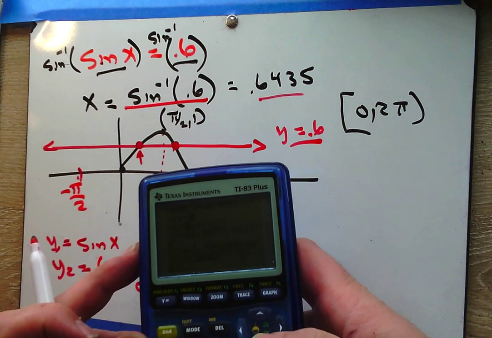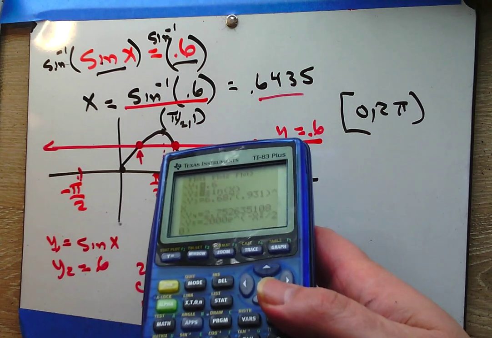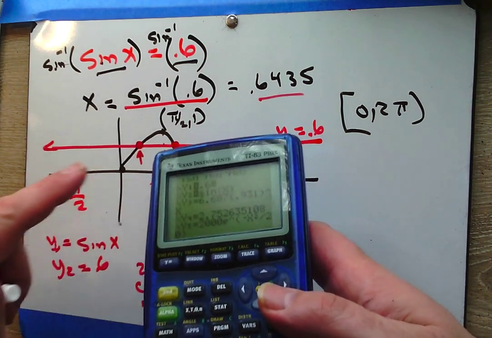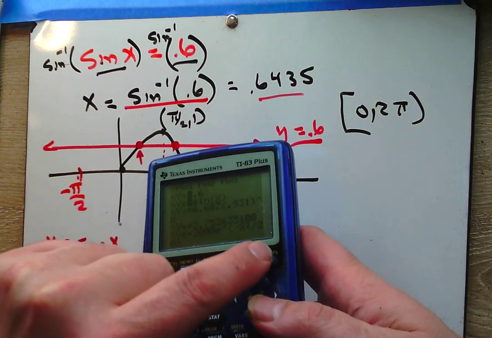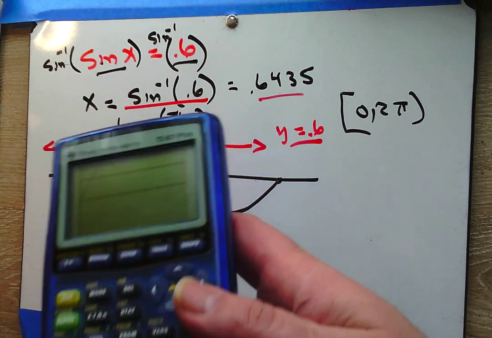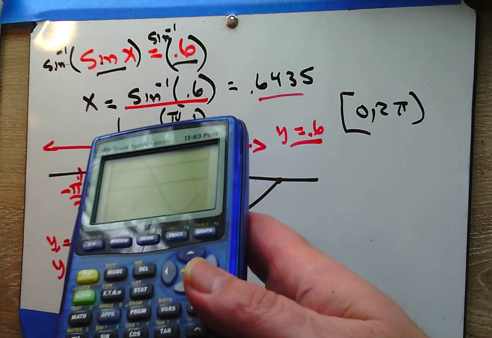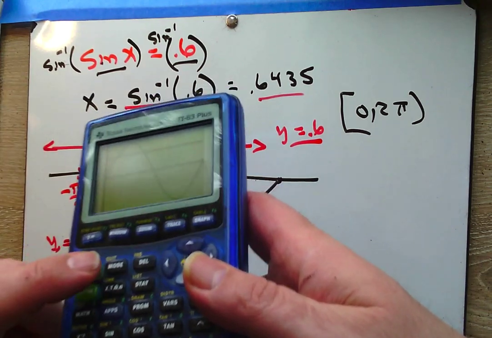I've already got sine x typed in y2, so I'll just type 0.6 in here. And then 0 to 2 pi is great for ours. And the y value should be fine, so I'm just going to graph. There's y equals 0.6 and there's our sine graph, and we see the 2 points of intersection.